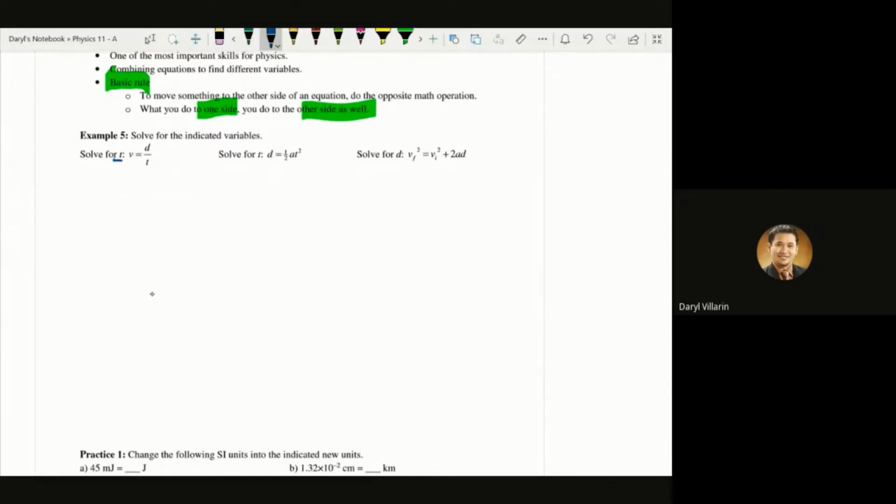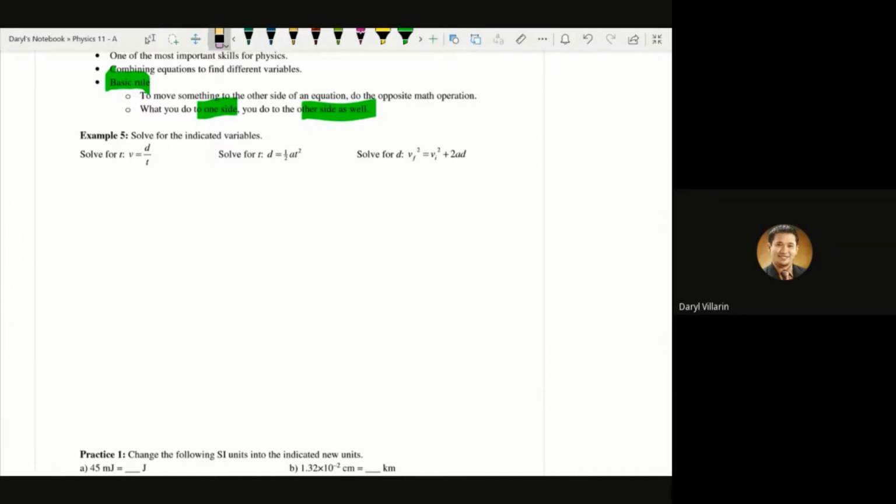So the meaning of this is that you express from the given equation, in terms of, well, that means that you're going to separate the variable t from the other symbols, okay? So therefore, instead of v on one side, you need to have only t on one side of the equation.